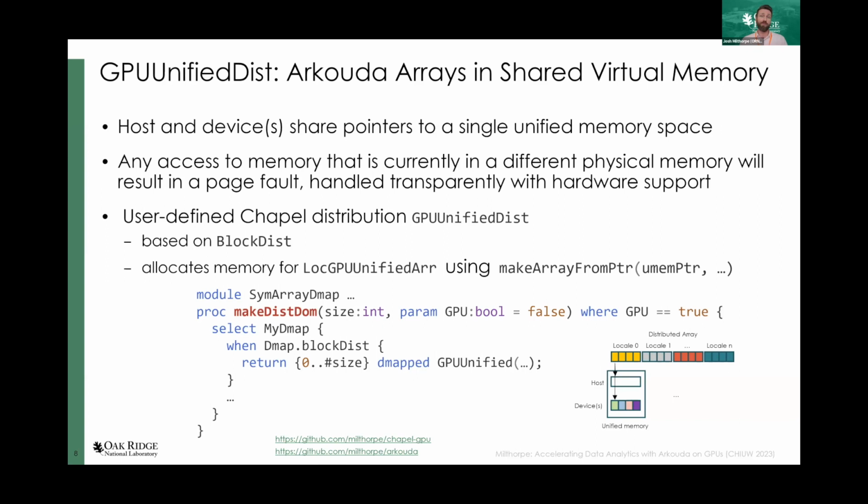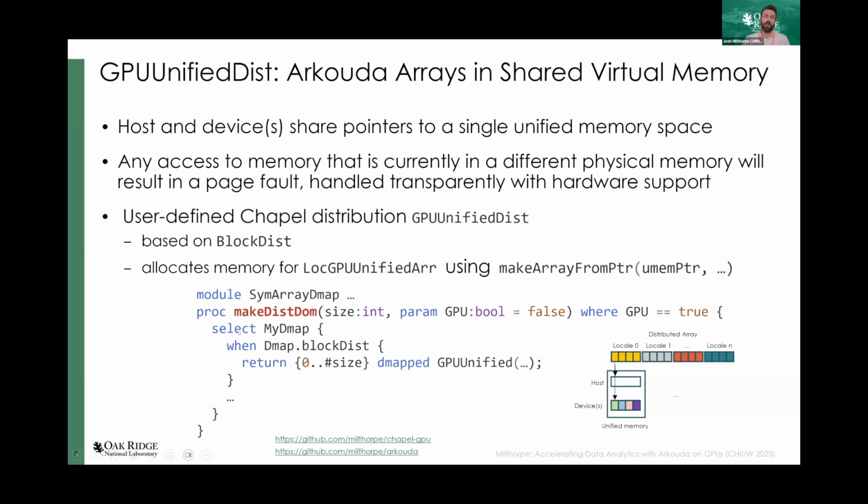And I should say this is also the basis of Chapel GPU code generation. So what we did was create a new user-defined Chapel distribution called GPUUnifiedDist. This is essentially the same as Chapel's BlockDist, but instead of allocating memory in the normal malloc way, it allocates its local chunks of memory using a GPU unified pointer.